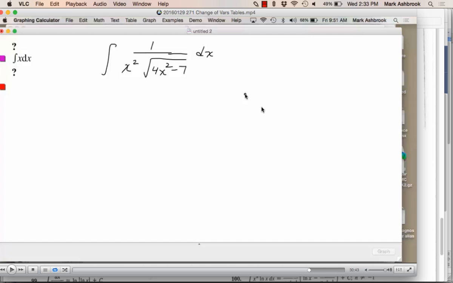And so we could try u equals 4x squared minus 7. All right, well then what is x squared? Then x squared is u plus 7 all over 4.